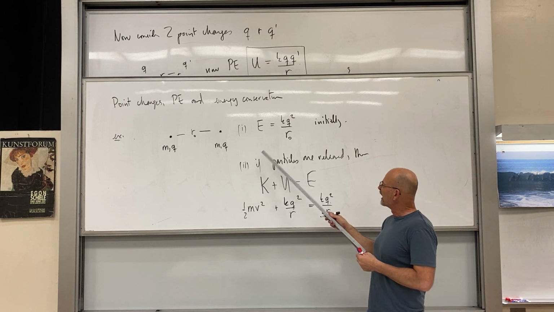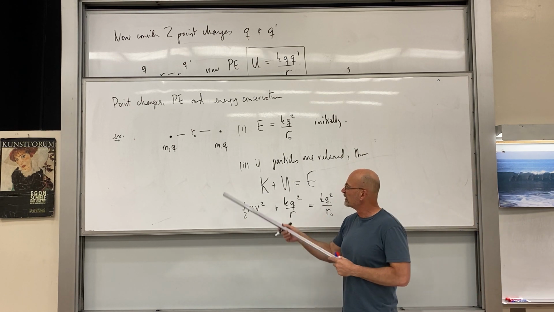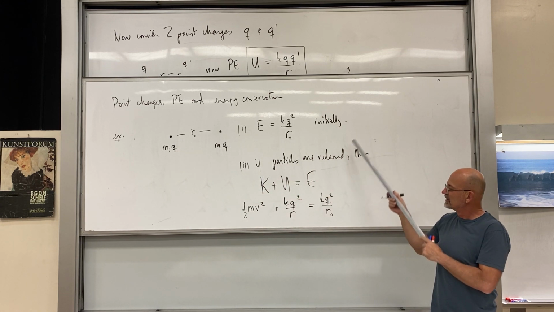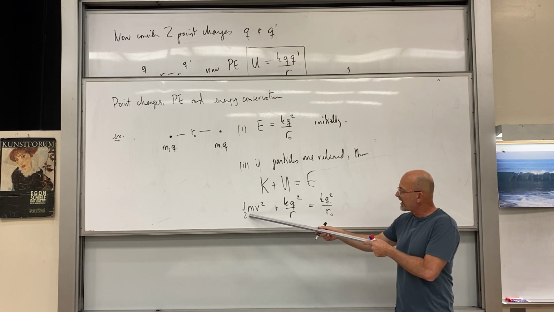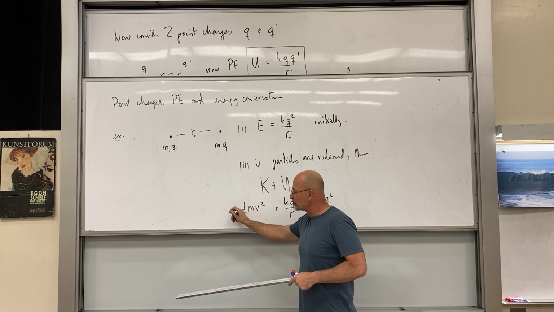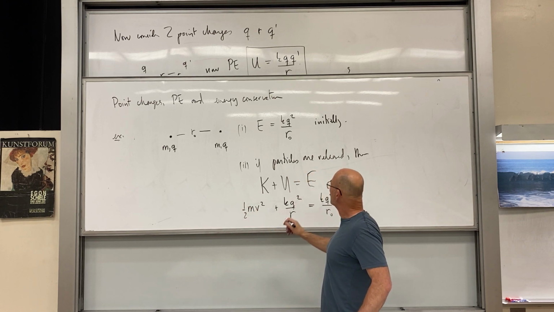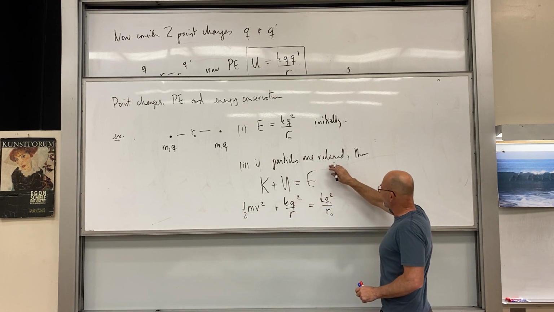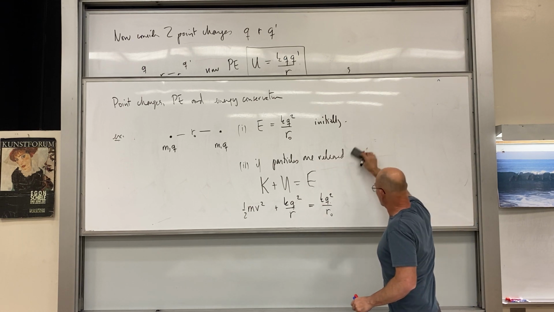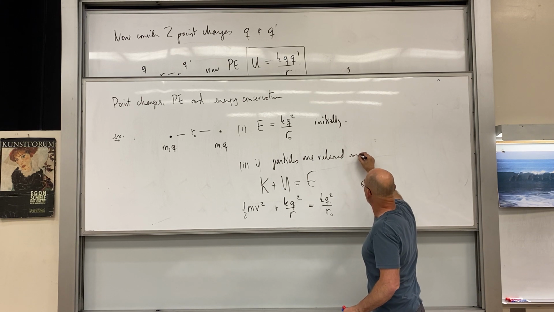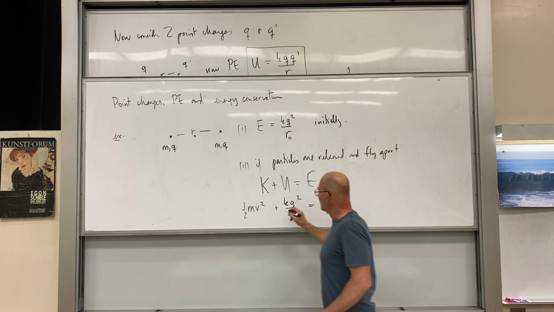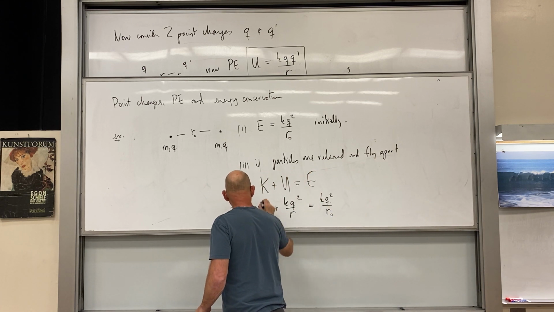Well, did I release one of them or both of them? If one of them is nailed down and one of them flies away, then I have 1/2 mv squared. If both of them fly away in opposite directions, I would have 2. So we have to say if particles are released and fly apart, then we would have to multiply this by 2 for the 2 masses.